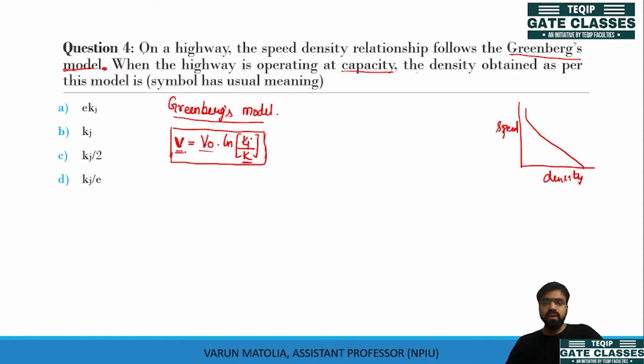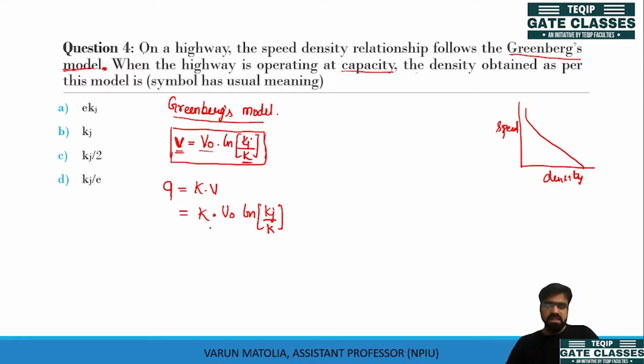So from this equation, they want to ask about highways operating at capacity. They want to ask us about the maximum flow value. We know that Q is density multiplied by velocity. We can write the Q value as density multiplied by free flow speed into natural log of jam density by the density at that point.